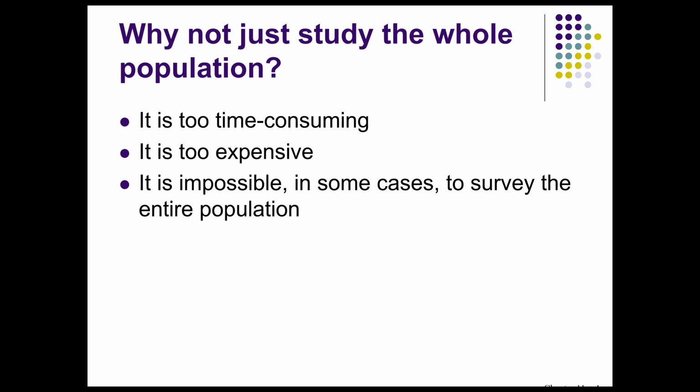And often studying the whole population is just really, really expensive, and it's not possible with the budget that you have. And then in some cases, it's really impossible to survey the entire population. So there's a lot of reasons why researchers don't study the whole population.